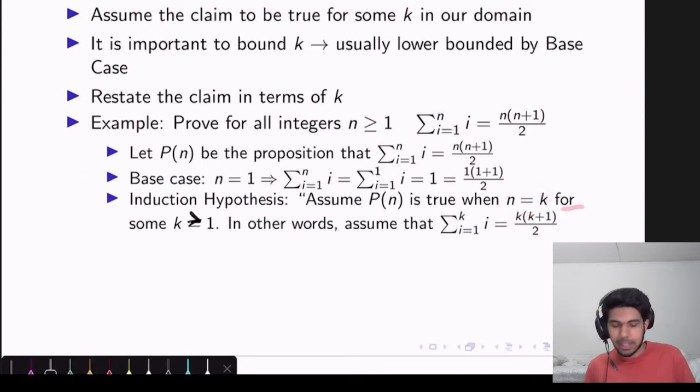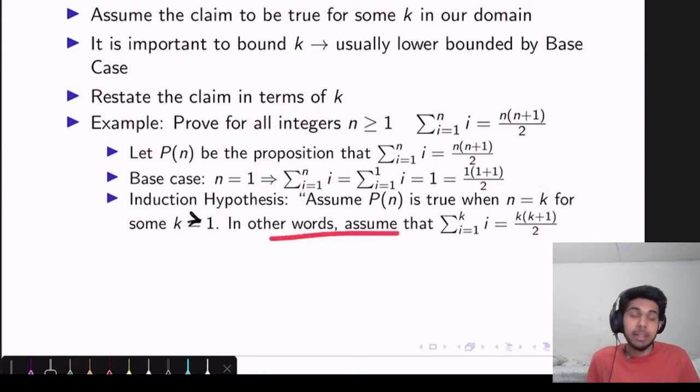For some k greater than or equal to 1, so this 1 comes from the base case. k is lower bounded by it, and we're saying k is greater than or equal to 1. It's greater than or equal to, because remember we're proving all integers greater than or equal to 1. So again, this part corresponds to us choosing a random domino. And this first part is saying that that random domino, we're going to assume it to be true.